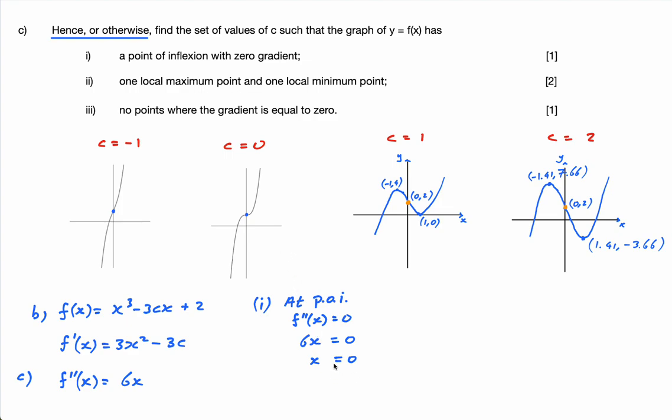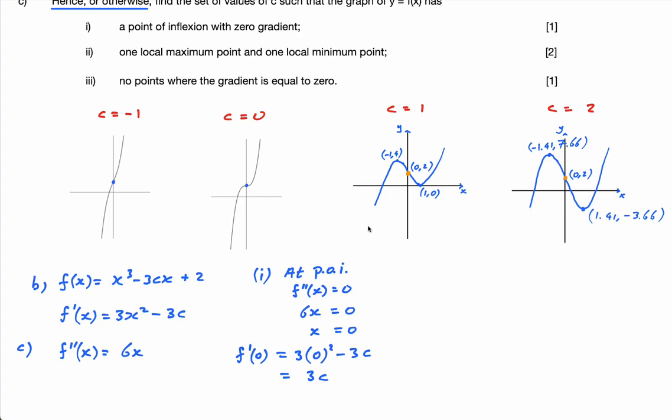Then at 0, if I sub in here, f dash of 0, if I sub in 0 into this, I get 3 times 0 squared minus 3c, which is equal to minus 3c.